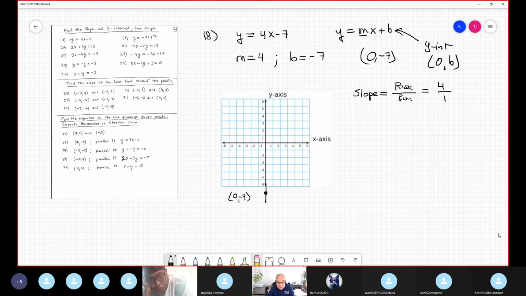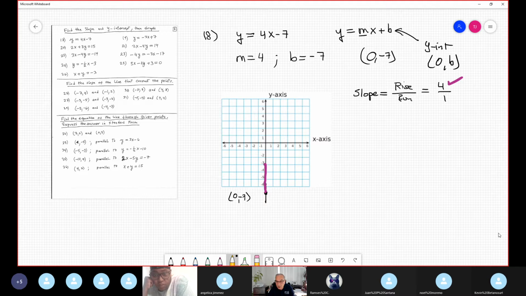From -7, I move 4 units up on the y-axis: 1, 2, 3, and 4. Now this segment, let me use a purple color. It's the rise, from -7 to -3, 4 units.